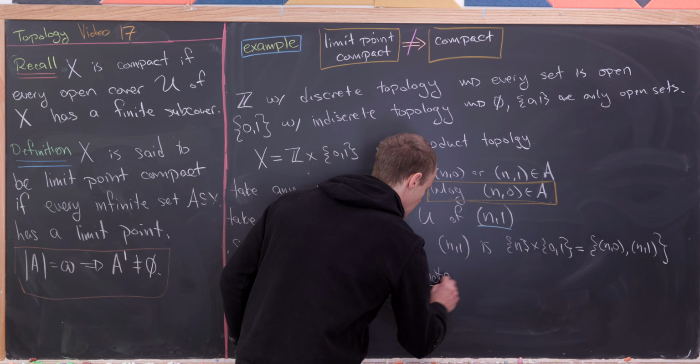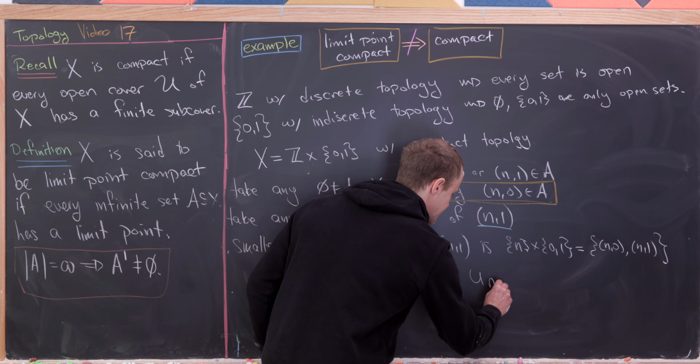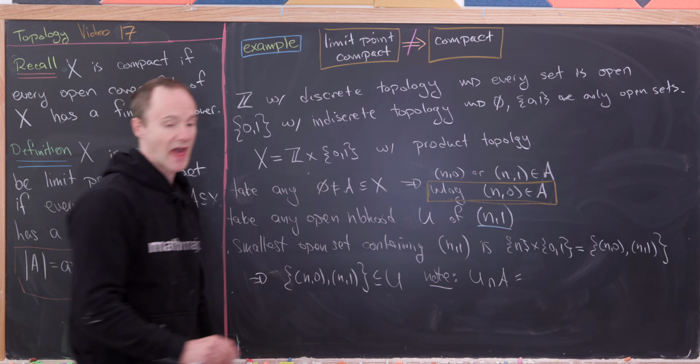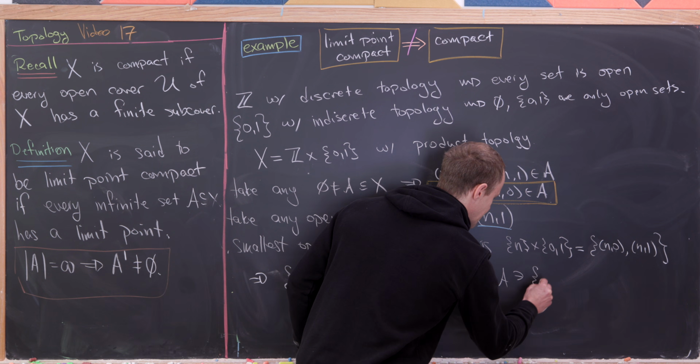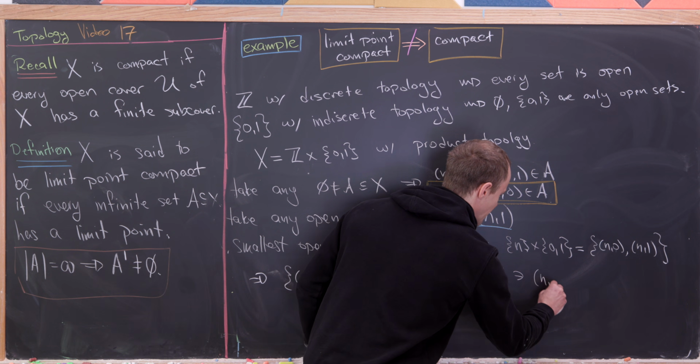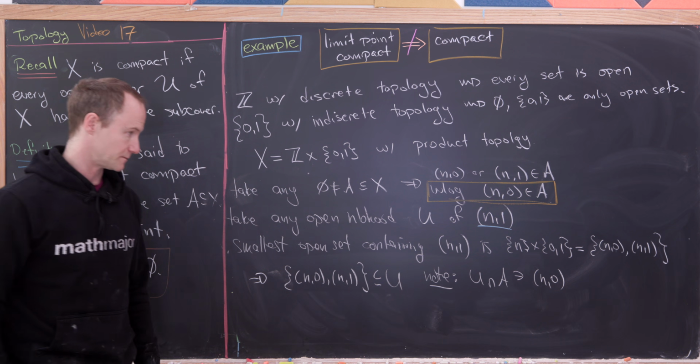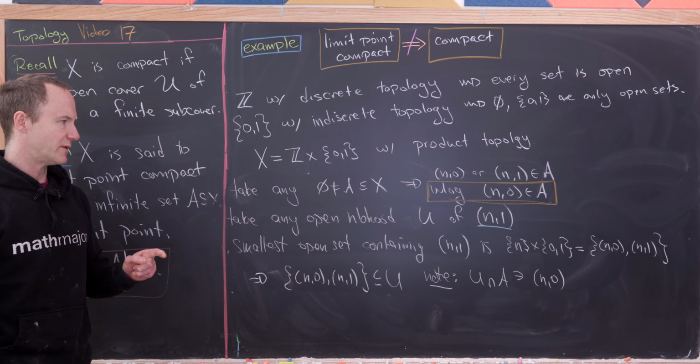But now what I'd like to do is the following. Now let's note if we do an intersection of U with A, we're going to most definitely contain the point (n, 0). So let's see what we did here.